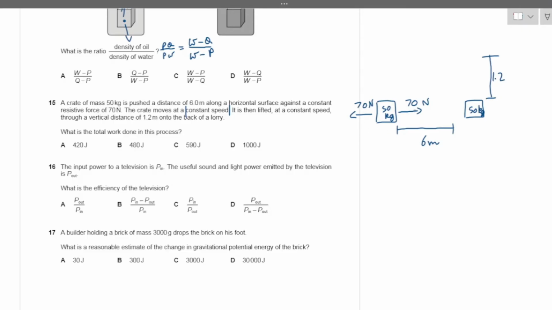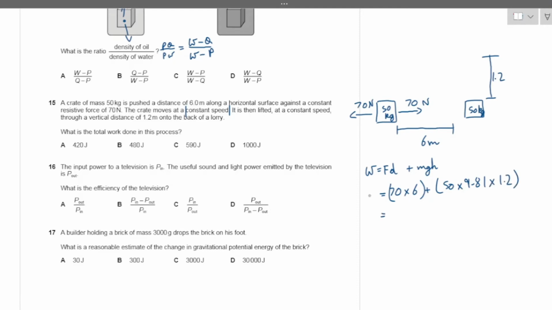So we have work done equals FD plus mgh. Why? Because against the gravitational pull, we're also doing some work. Force in this case is 70, distance is 6, plus 50 kg times 9.81 times the height, which is 1.2 meters.